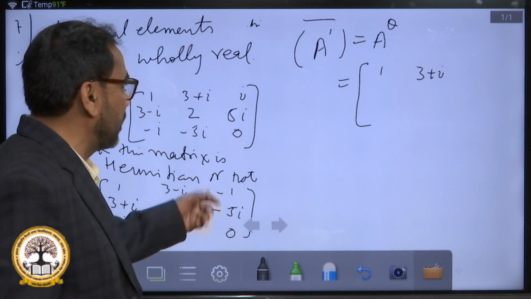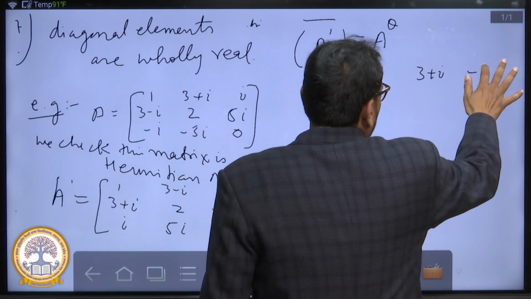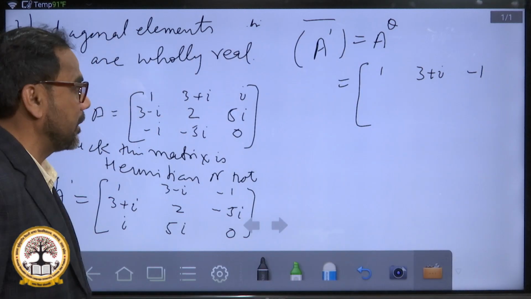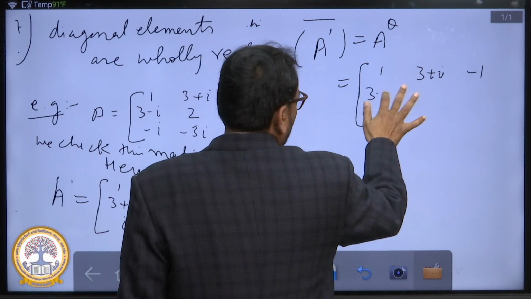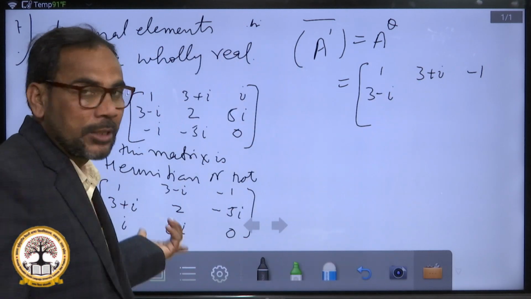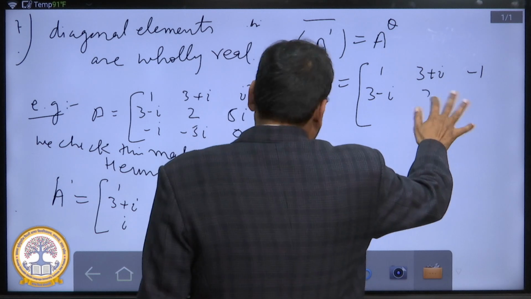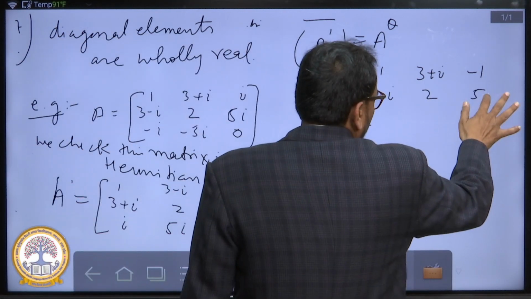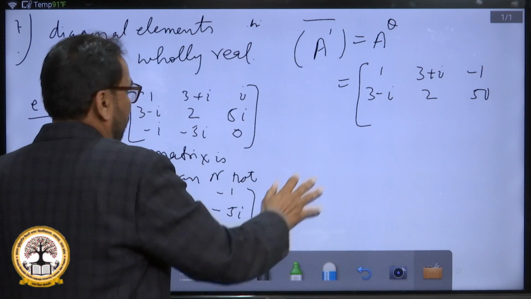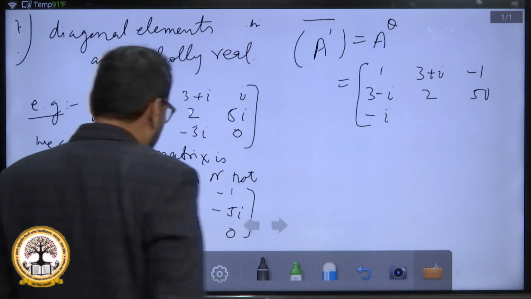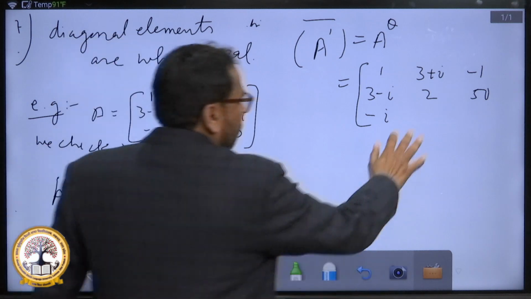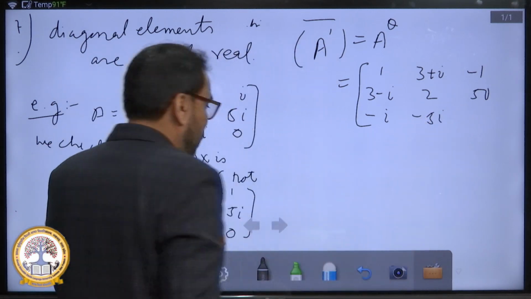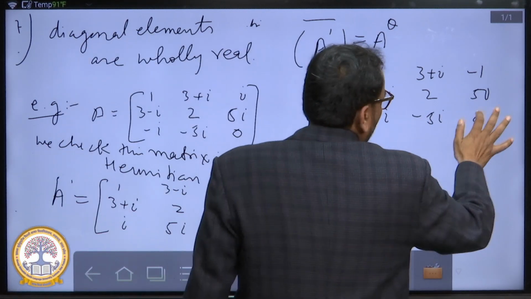Then minus 1 is conjugate minus 1, then 3 plus i is conjugate 3 minus i, then 2 is conjugate 2, then minus 5i is conjugate 5i, then i is conjugate minus i, then 5i is conjugate minus 5i, then 0 is conjugate 0.